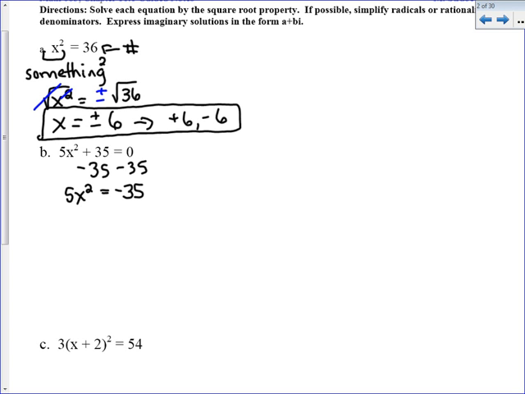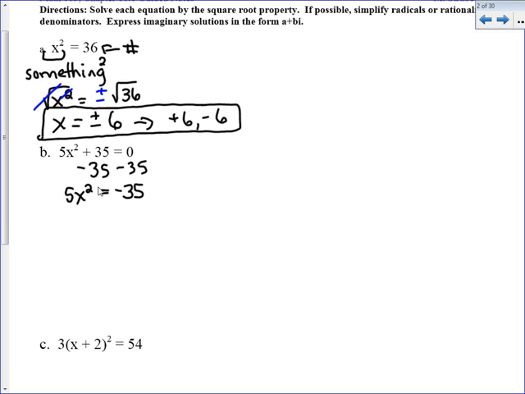Now, question. This actually goes back to 10.1. On the left side of the equation here, what is the squared attached to? The x? Well, what about the 5x? What about the 5? No. Without parentheses, it's just connected to the x. If I want to connect it to the 5, I'd have to do parentheses around 5x, squared. So far, I don't have my setup because this left side is not just something squared.